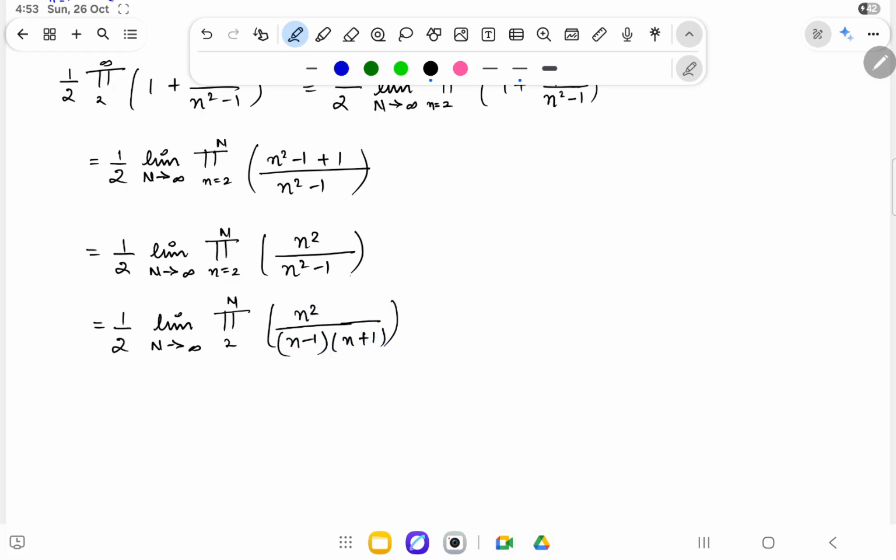I have used a square minus b square on n square minus 1. So this is what I got.